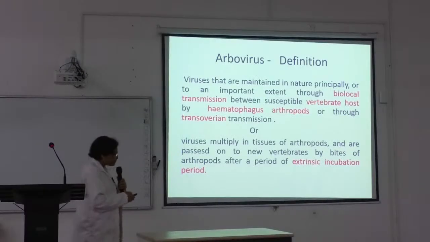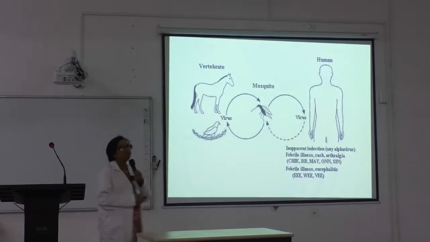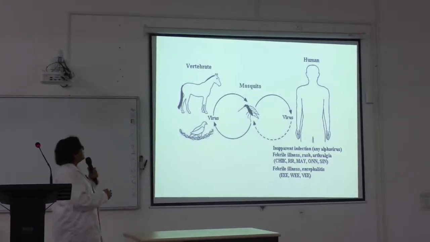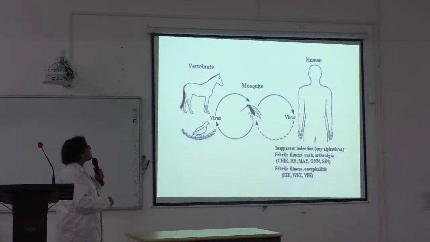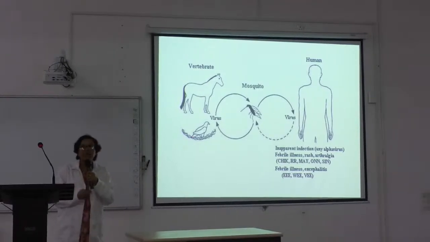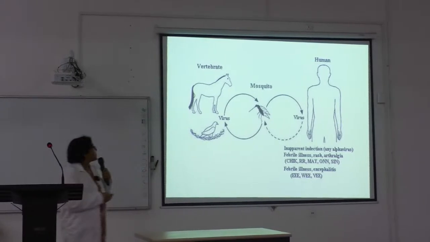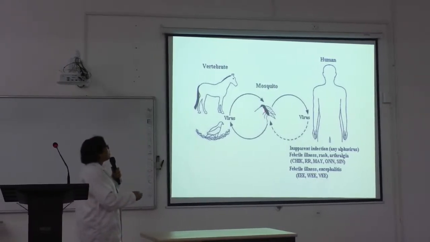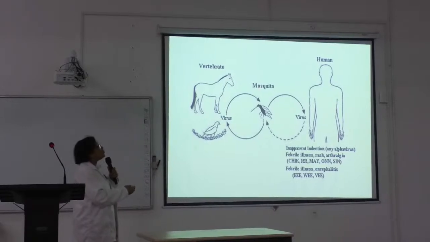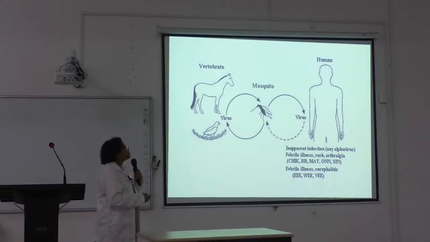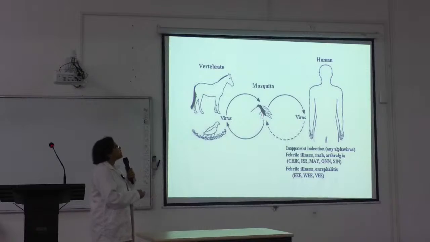Parvoviruses. Again the cycle you can see, this is a vertebrate, this is the bird which is carrying the virus as reservoir, not suffering from the disease. Now a mosquito can take blood with the virus during a blood meal, and accidentally or incidentally a man may be infected by the bite of the mosquito.